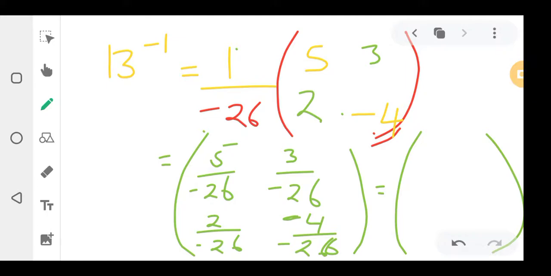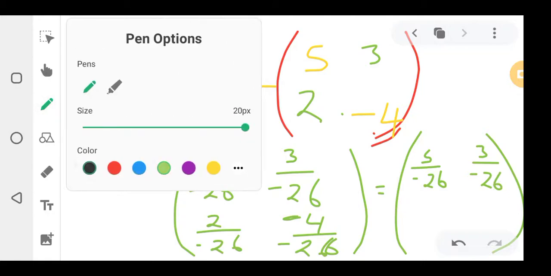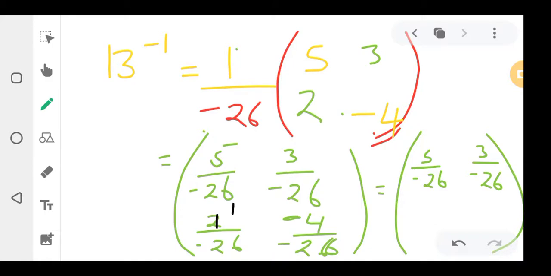So it will be 5 over negative 26 and 3 over negative 26. Then 2 into 2 is 1, 2 into 26 is 13, so it will be 1 over negative 13.